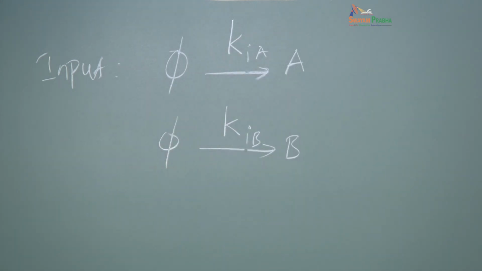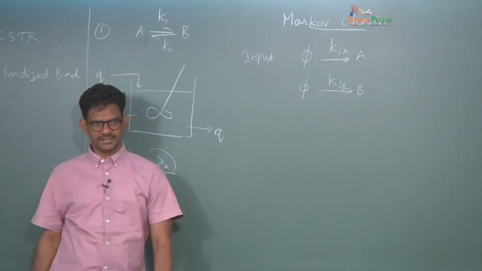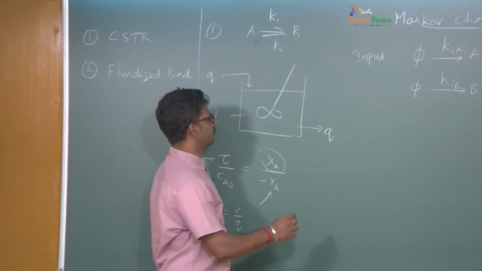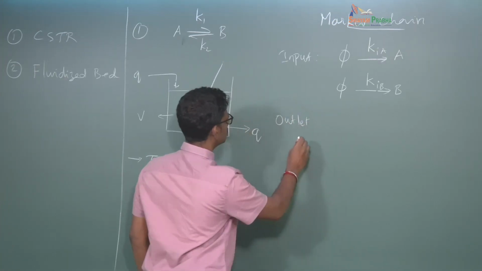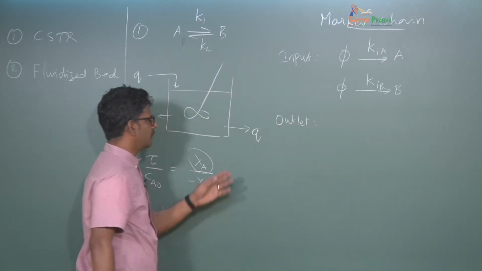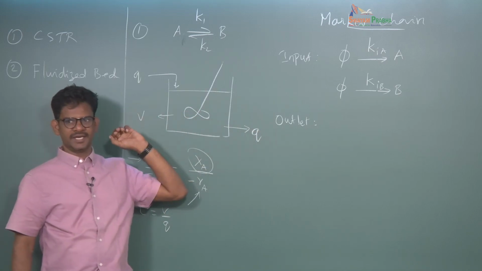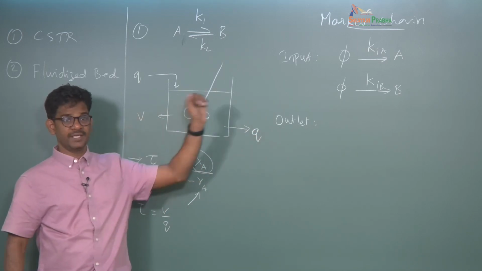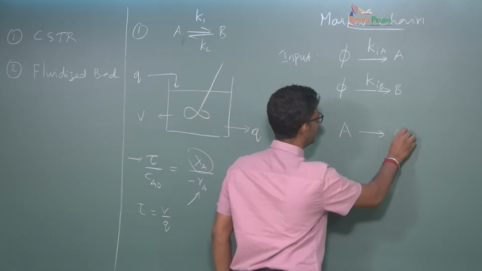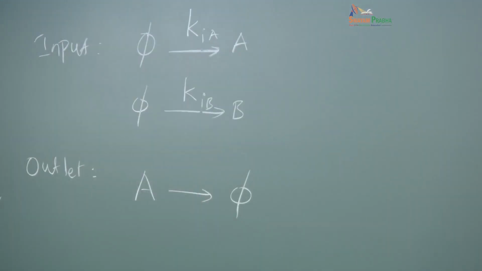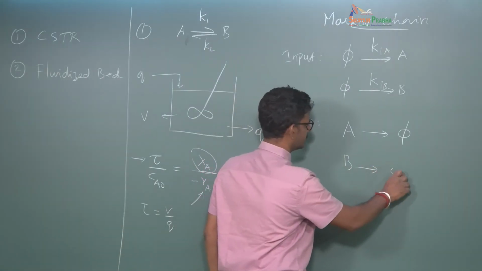Similarly, if you want to look at the exit, for the outlet, we think of this like a decay process. A is getting removed, A is kind of reacting away into something else. For example, you can say A is going into some dead state because it's not going to come back to the system, it's gone, like going out of the system. Similarly, B also decays.